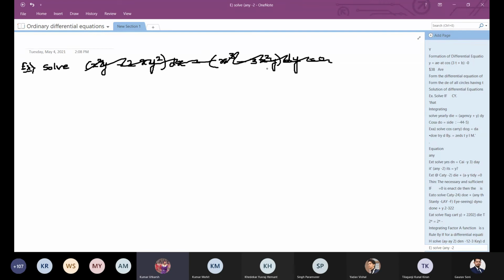Sir, previous slide can you please? Let me just write down the question. 3xy square minus y cube dx plus xy square minus 2x square y dy equal to 0.